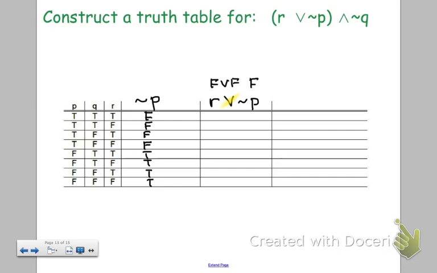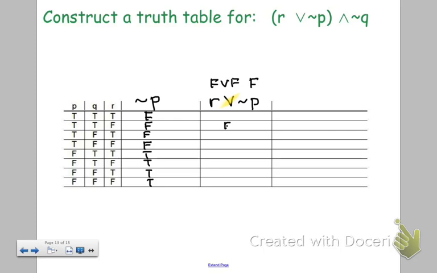So as I go down my rows, I'm looking for a combination of false and false. In my first row, I have R is true, not P is false. Nope. Second row, R is false, not P is false. Ding, ding, ding. We have a winner. That means that it is false.